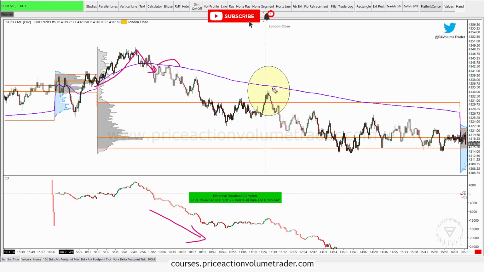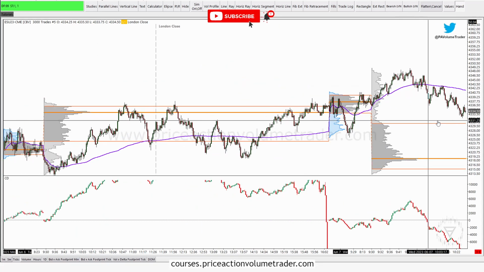And then you can see on this pullback right here, we made one attempt to get back into VWAP to break out right at the Europe close, and we just started turning very negative on the delta and the selling, and pretty much we're also retesting this broken support, now retested as resistance, and then market just kept going down.